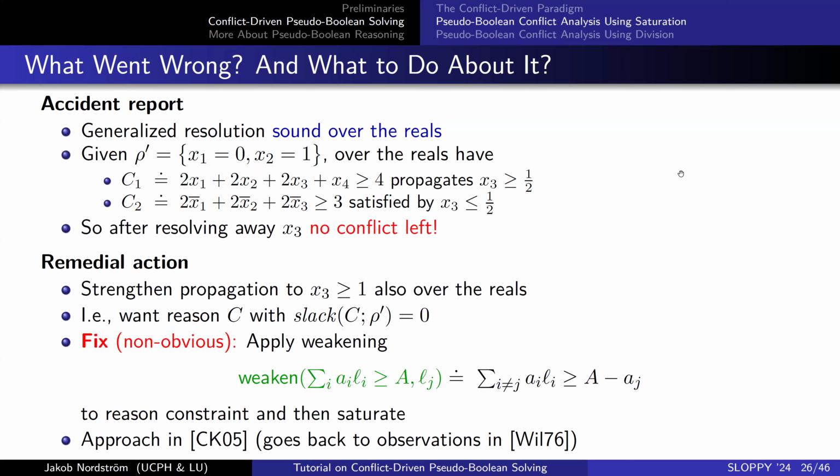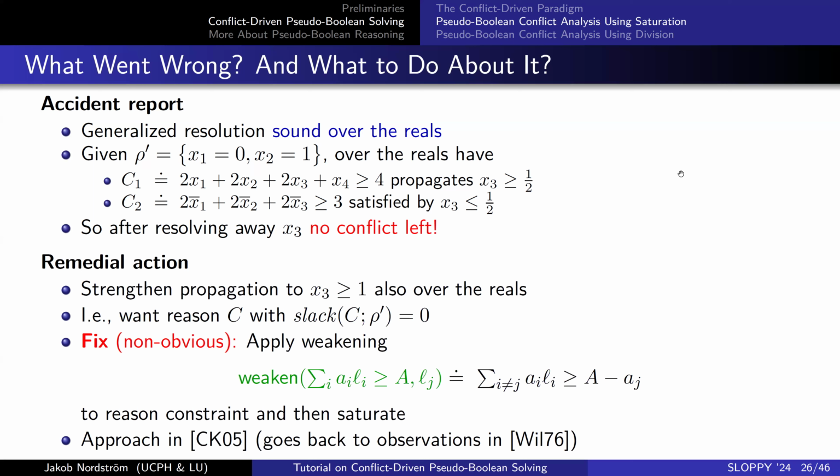Because these constraints just wanted x3 to propagate to a half, and what we did, we said, okay, we're propagating to a half. Well, there is no value such as a half because we're Boolean, but our derivation rules did not know this.